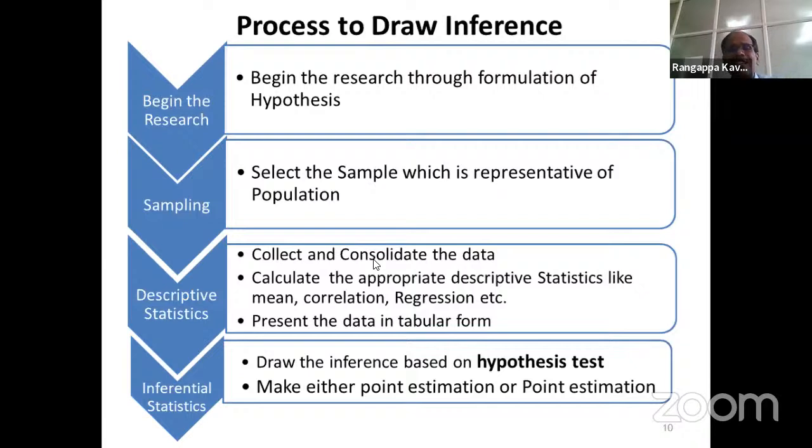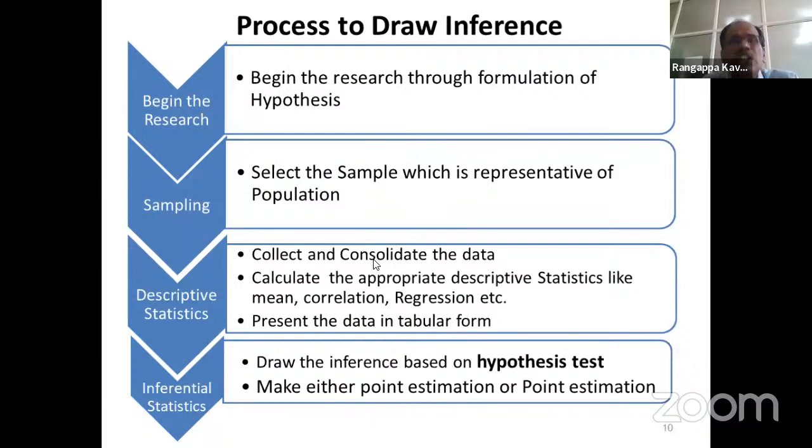Let us see how far these self-help groups have helped in empowering women. So normally, in most of the cases, research begins with some kind of thinking, some kind of doubts in your mind. But you put it in the form of a research hypothesis. So normally researchers begin the research through some hypothesis.